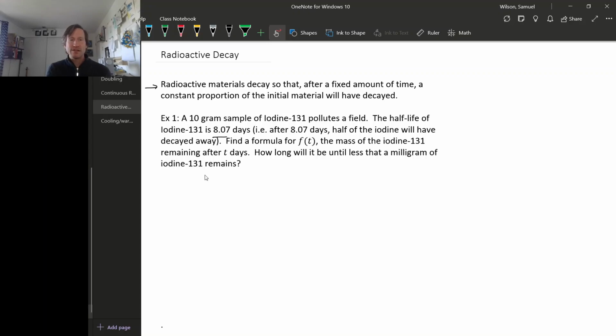So we know we're starting with 10 grams, and since this follows exponential decay, we can write f of t equals a e to the kt. We have an initial value, so a is 10, in grams.